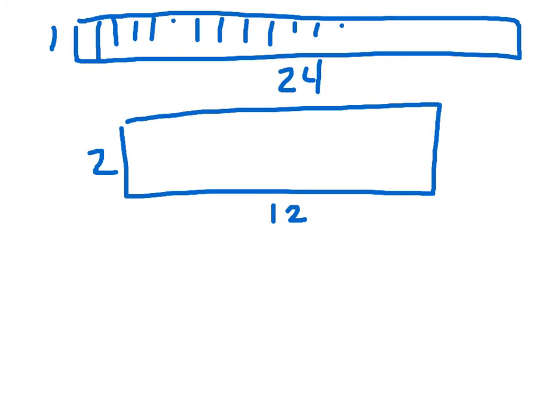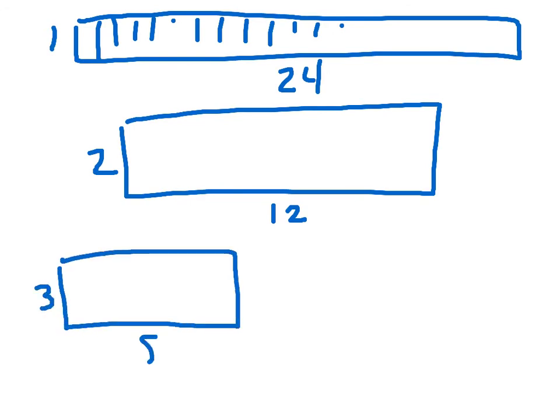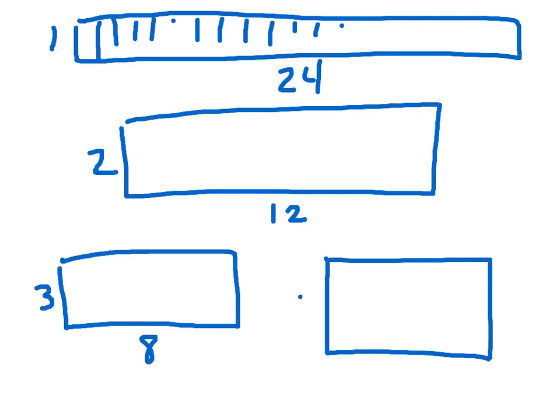We could do one where, does 3 go into 24? Yes. We could say 3 times 8. How about 4? Yep, 4 works too. 4 times 6. 5? No. 6? Yes. We're back to this one right here.